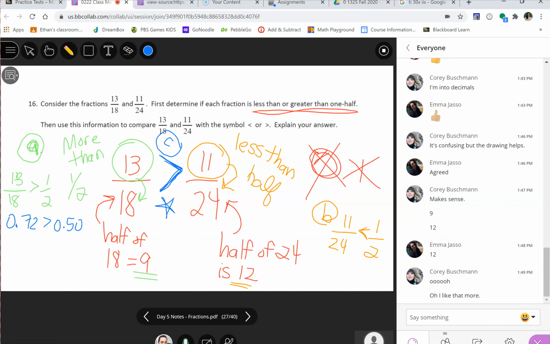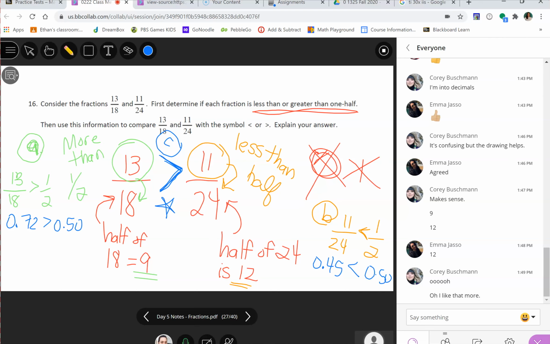So same with 11 out of 24, if I do 11 divided by 24 on my calculator, that's 0.45. And if I compare that to 1/2, I can see it's less than. However your brain wants to think about it, right? At this point, if you like decimals, use decimals.